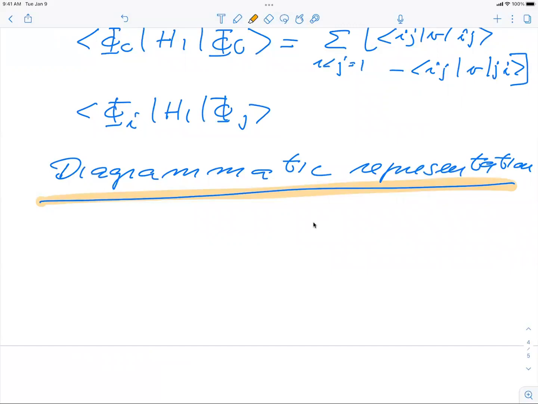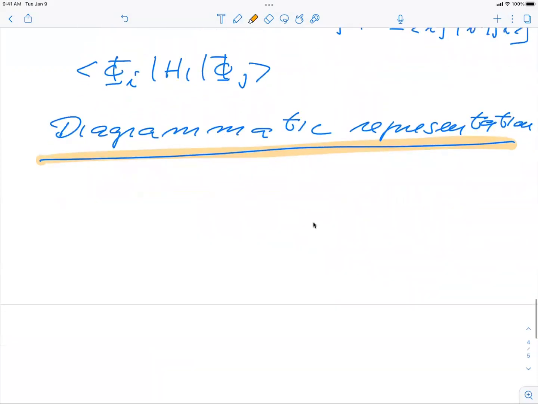One reason we introduce a diagrammatic representation is that it gives us a more compact way of representing specific contributions to an expectation value, because we can easily get lost when we have many contractions. So let's bring up some definitions first.